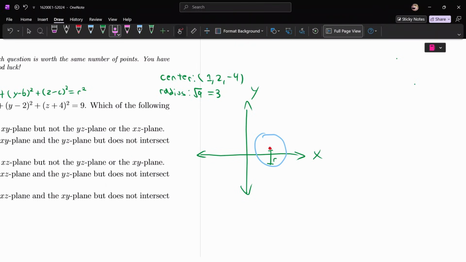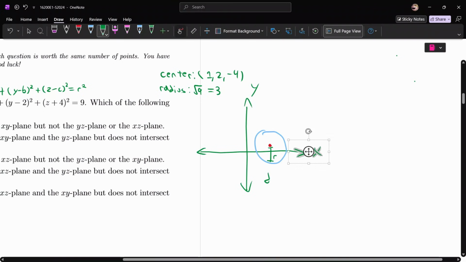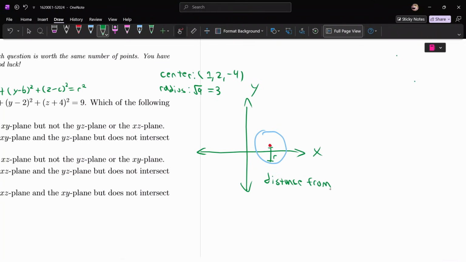So that would be our win condition for this question. Let me write that out here. Distance from an axis or plane has to be less than or equal to the radius.